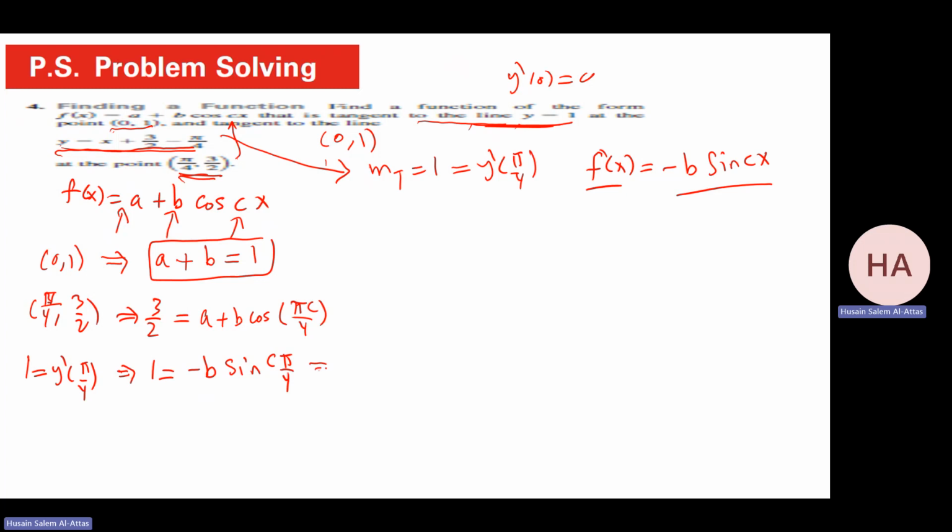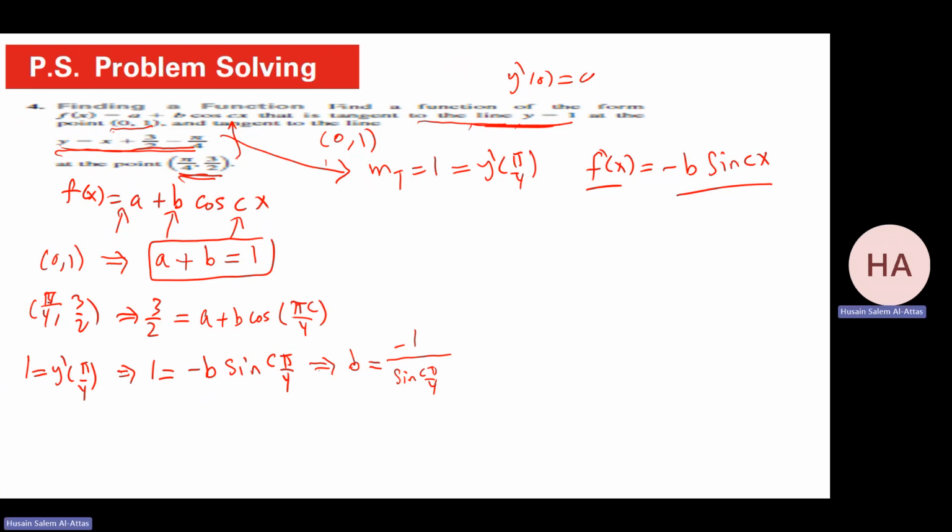From here, I know that b equals minus 1 over sine c pi over 4.